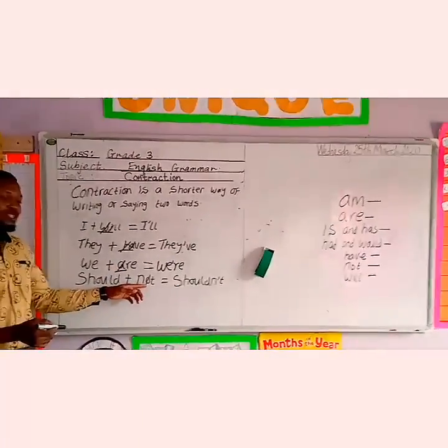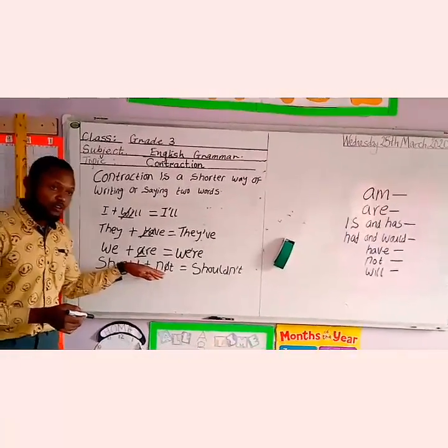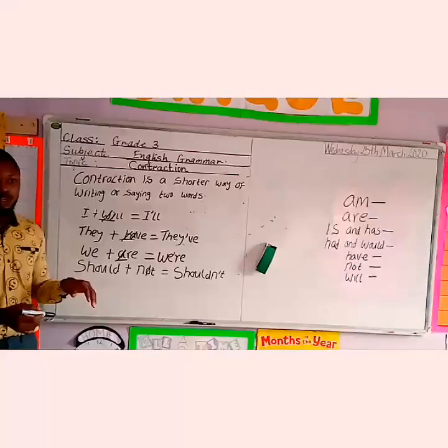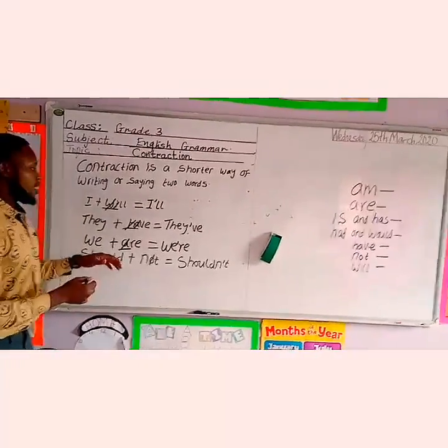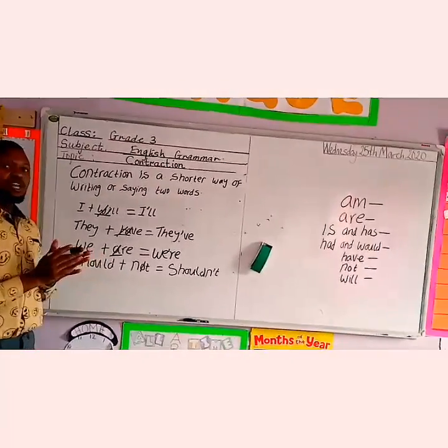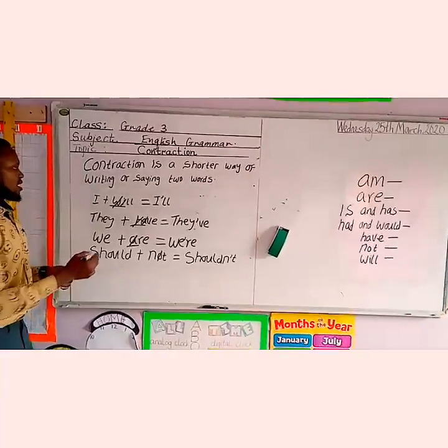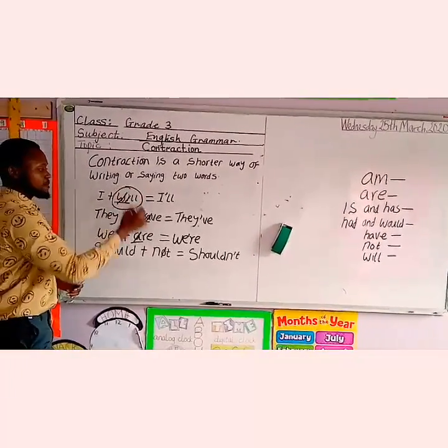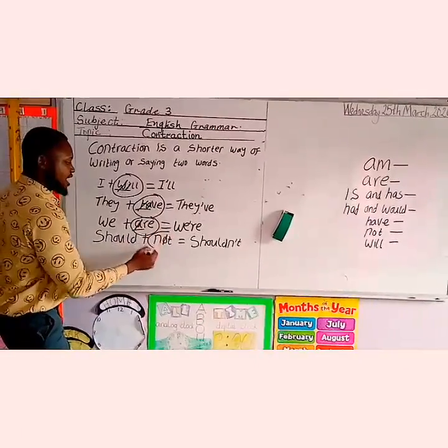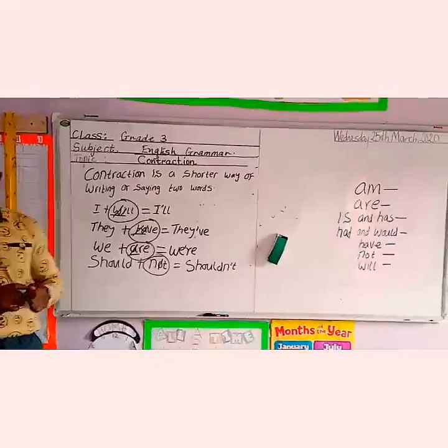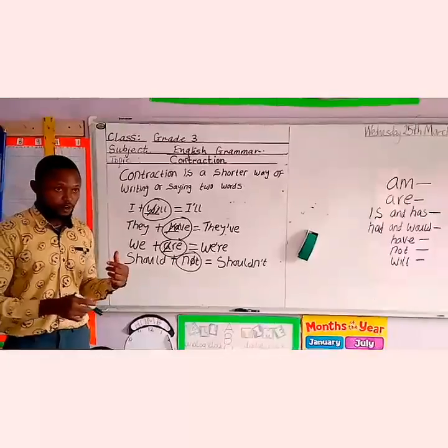In this case, we omitted the letter in the middle of the second word, not. So, this is it. In getting to understand this, we have to understand that from the look of things here, all of the contractions are taking place in the second words and not the first.